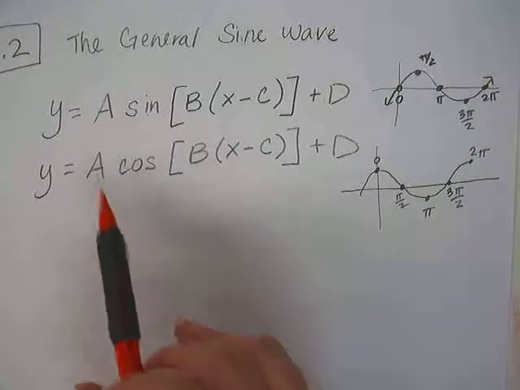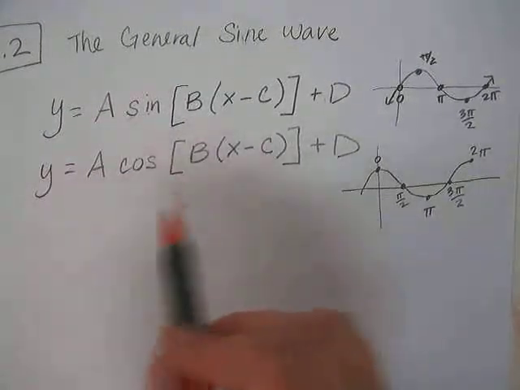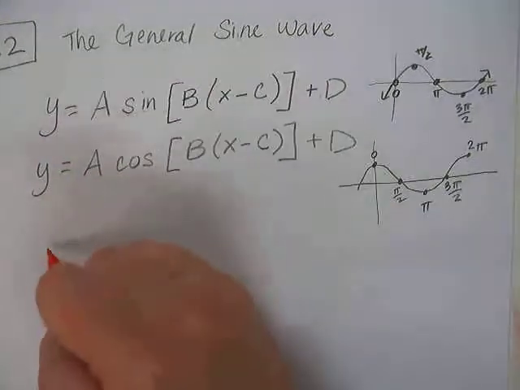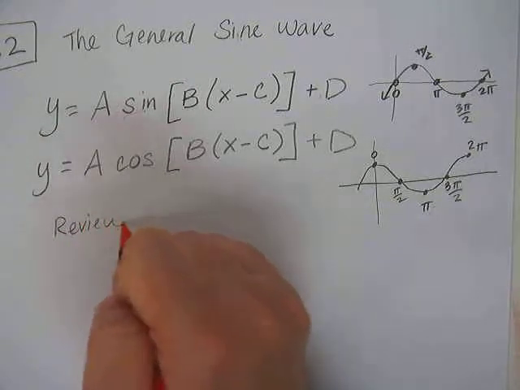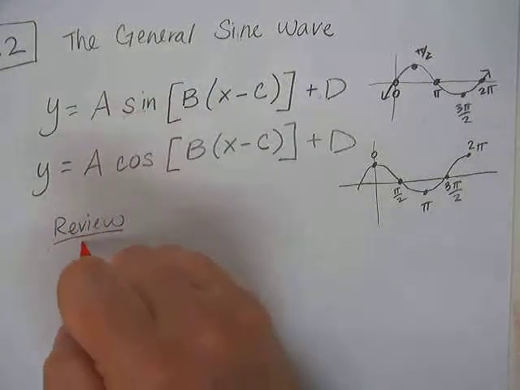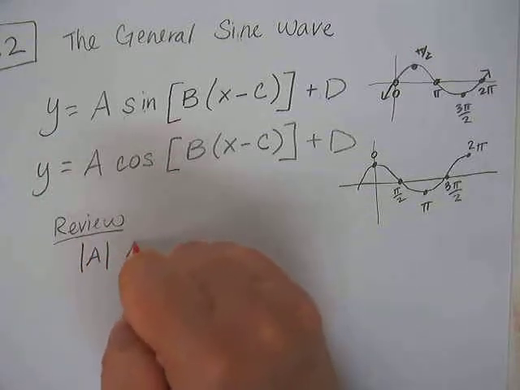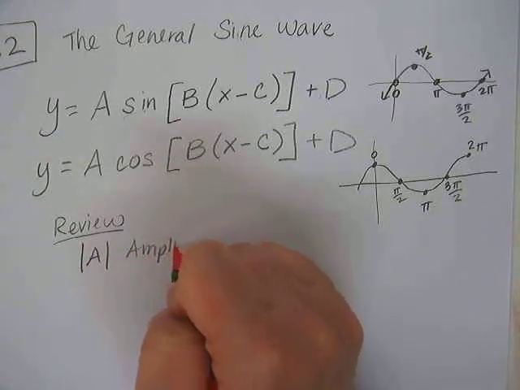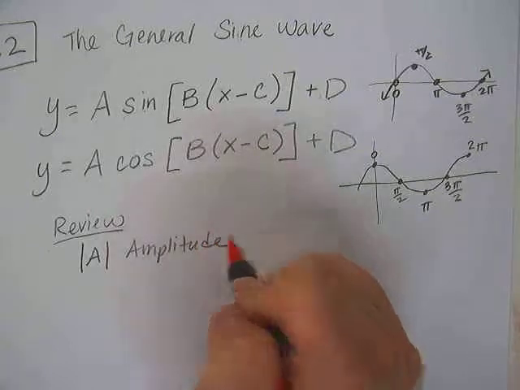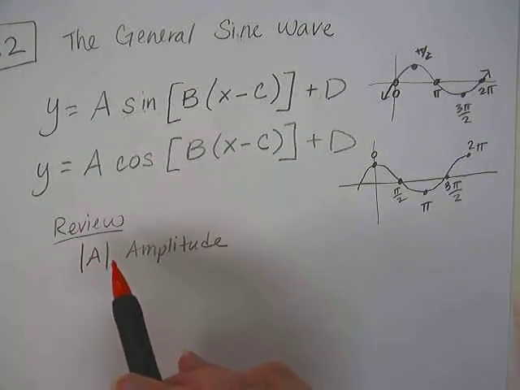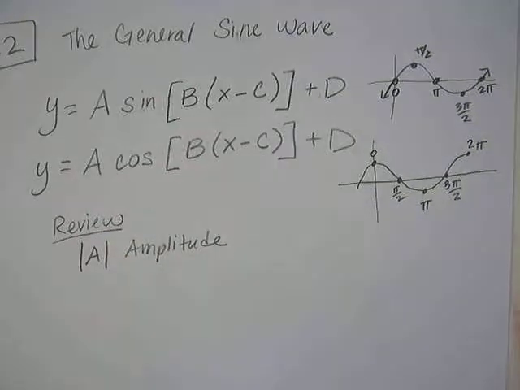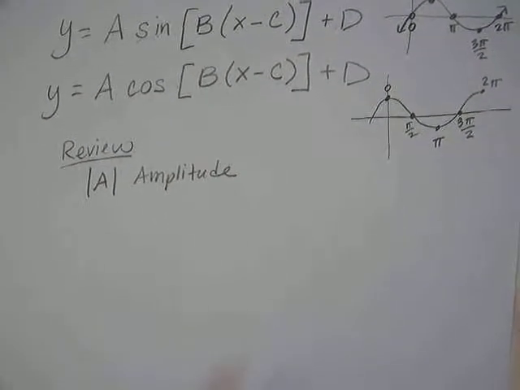Okay, so now let's just quickly review what each of the letters in the equations does. So, just a quick review from last time. A is the amplitude. I put it in the absolute value because the amplitude itself is always positive, right?